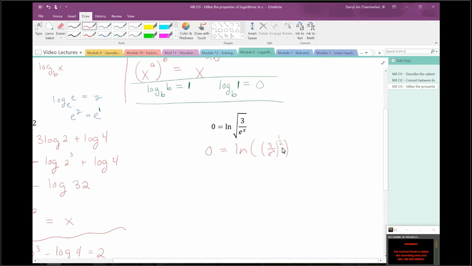Our 1/2 comes out. Now let's keep breaking this apart before we try to solve. Natural log of 3 over e to the x would be natural log 3 minus natural log e to the x.